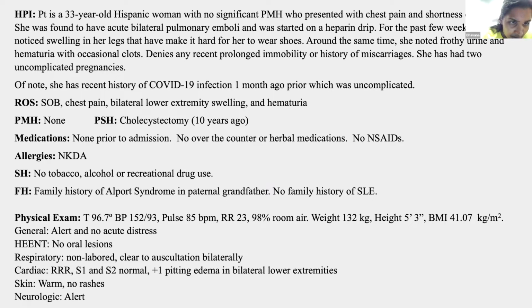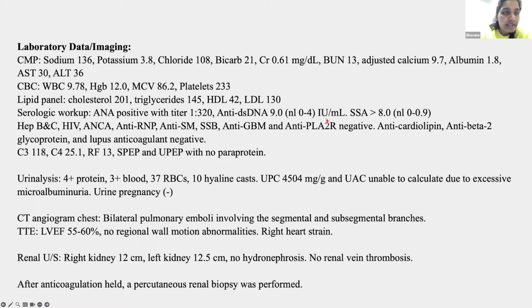On exam, she looked non-toxic, no acute distress. She had no oral lesions. Lungs were clear to auscultation bilaterally. She had 1+ pitting edema in bilateral lower extremities and no rashes. Laboratory data and imaging.